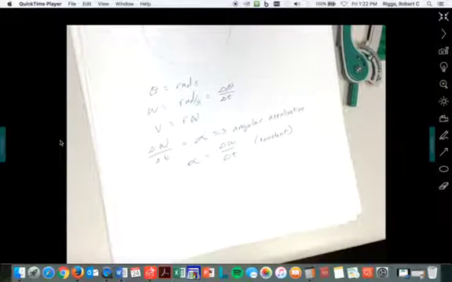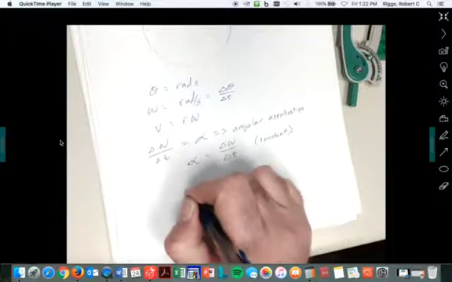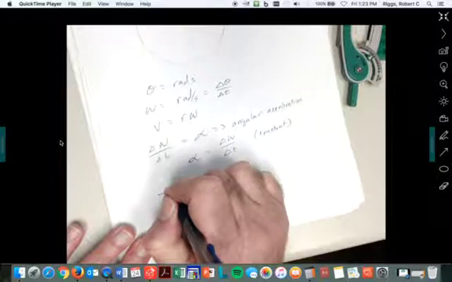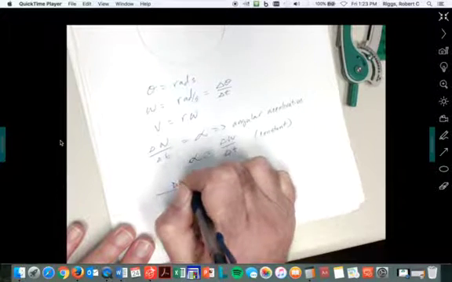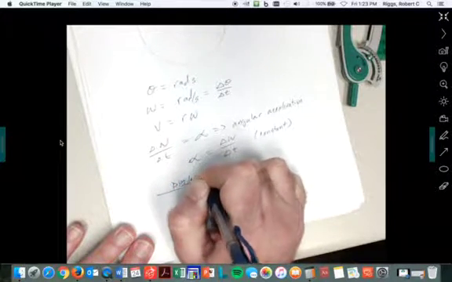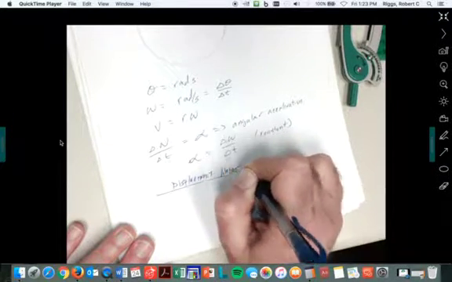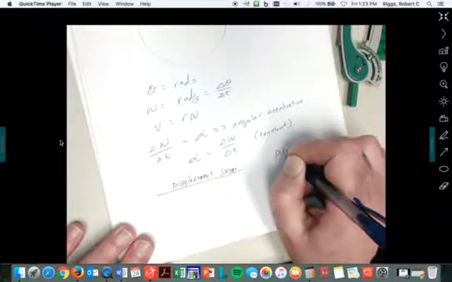So therefore, what do we know about a constant acceleration when we're going in a line? Well, here's displacement linear, and here's displacement angular.